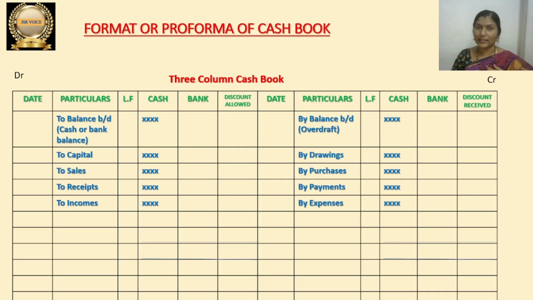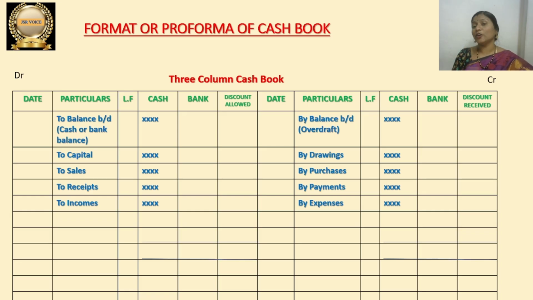That is known as the opening balance of cash or opening balance in the bank. We should always record that on the debit side only, with To balance brought down. The amount should be recorded in the cash column if it is a cash balance. If it is a bank balance, we should record it in the bank column. Hope this is clear.